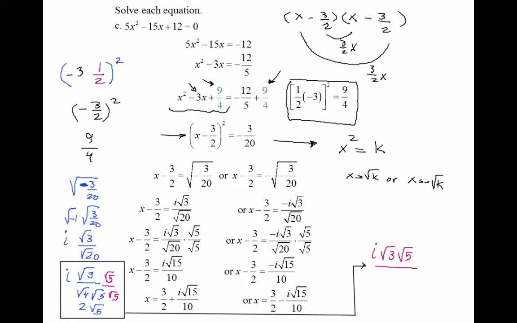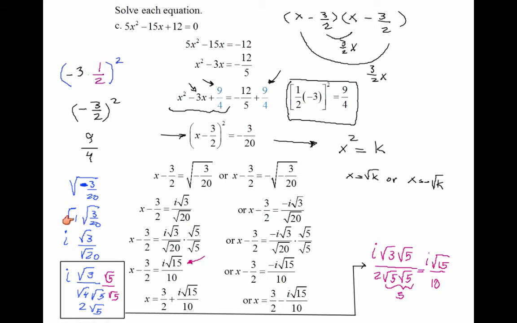We have radical 5. At the bottom of the fraction, I have 2 times radical 5 times radical 5, which would be radical 25 or just 5. We rationalize that. So the bottom of the fraction, 2 times 5 is equal to 10. At the top of the fraction I get i times radical 3 times radical 5 would be equal to radical 15. And that's why you have i radical 15 over 10 here, as you can see.